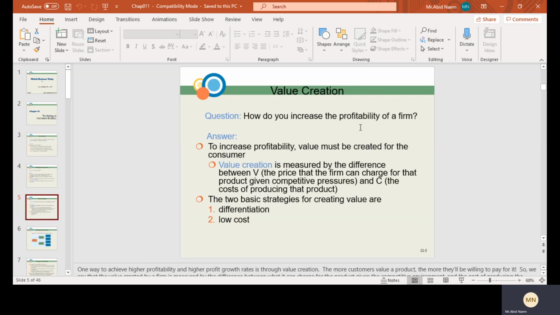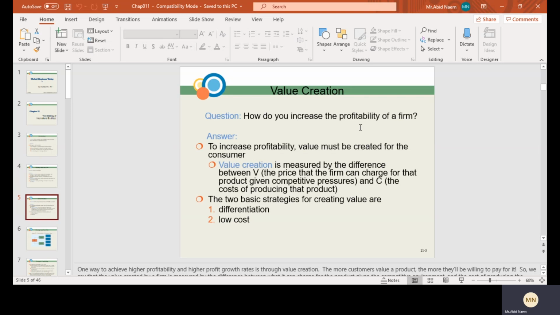Simply put, value can be translated into tangible products as well as intangible services which your firm provides to potential and existing customers. Value creation is measured by the difference between V, the price that the firm can charge for the product given competitive pressure, which is the cost a consumer has to pay to avail your products or services, and C, the cost of producing that product.